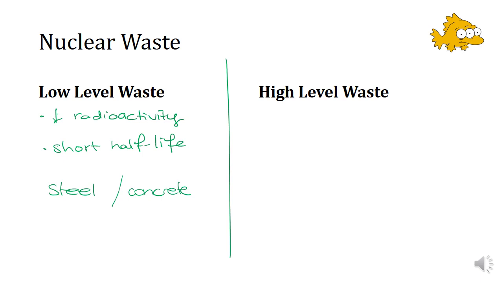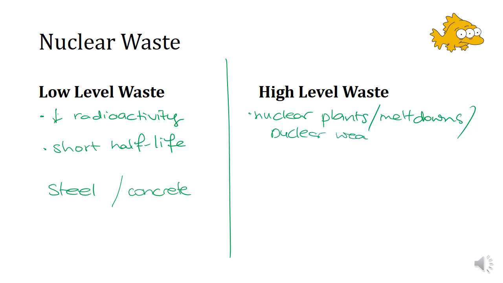High-level waste is a different story. So high-level waste is what we get from nuclear plants, or as a result of meltdowns, or as a result of nuclear weapons. So high-level waste is generally what we'd consider more dangerous.